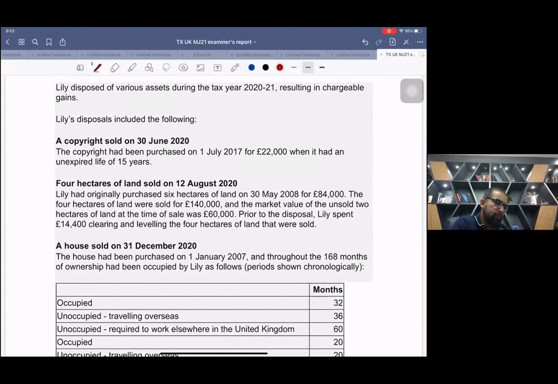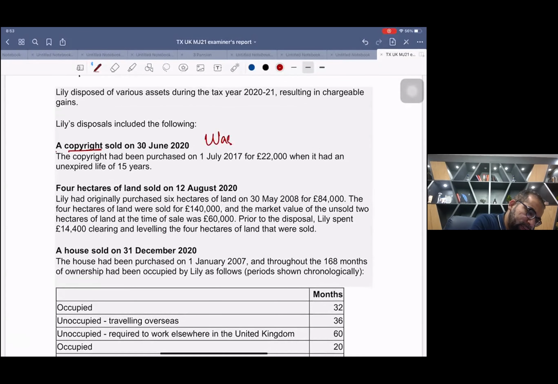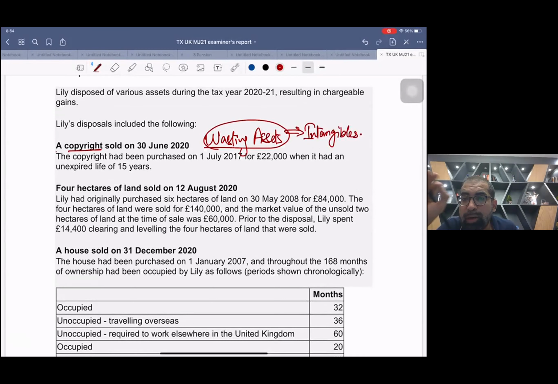First of all, a copyright sold. There were special rules for copyrights. For copyrights, you studied the topic of wasting assets. This is not wasting chattels; it is normal wasting assets like copyrights and trademarks, intangible assets.